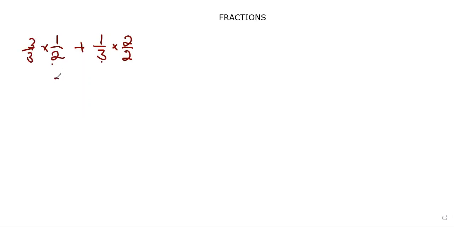Then 3 times 1 is going to be 3, 3 times 2 is going to be 6, plus 2 times 1 is going to be 2, then 3 times 2 is 6.